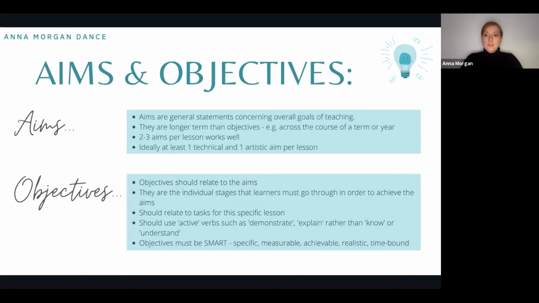So again, it would be ridiculous to say to those grade 1s to do 32 fouette turns, but maybe in 12 years time they might be able to. So it's about putting a target and a time frame on the target that you set, otherwise it hasn't got any context. So let's give you some examples of those.